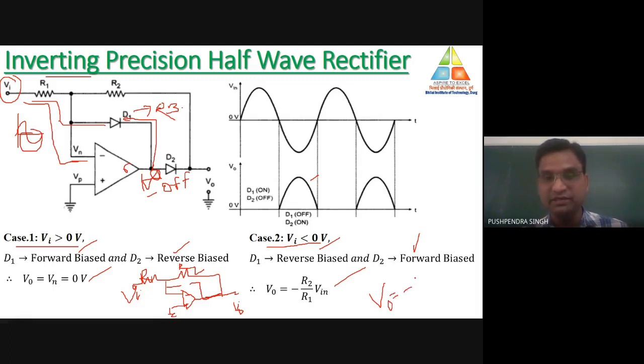V output is minus of Vin. That means for the negative half cycle of the input voltage, we are getting an inverted output voltage. That means the positive half cycle of the output voltage. So for the negative half cycle of input, a positive rectified output voltage we are getting at the output.